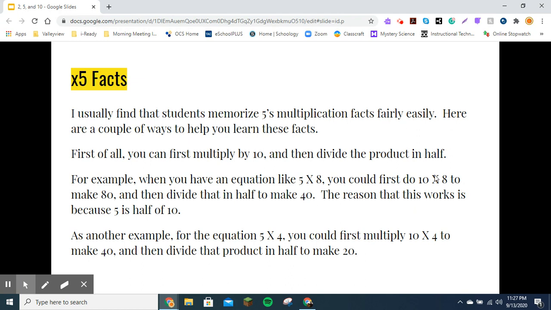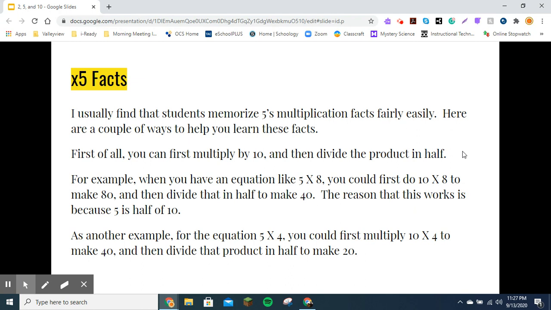I've got 2 examples for this one as well. So you can do 5 times 8. Take that 8 and multiply it by 10. That'll give you 80. And in your head, you can probably take that 80, split it up into 2 equal halves, and that's going to give you a 40. And again, the reason that works is because 5 is actually half of 10.